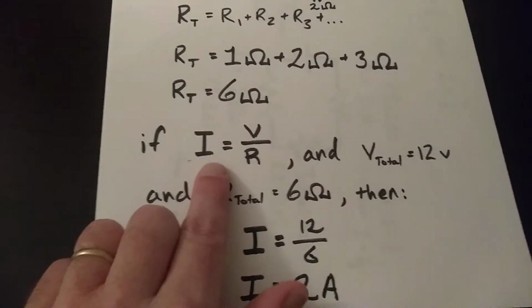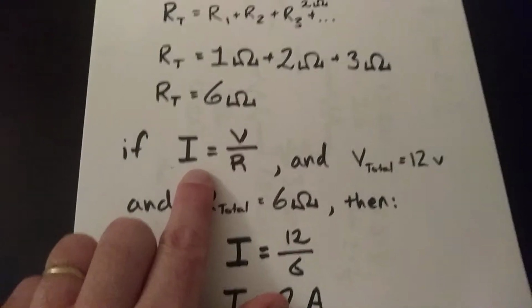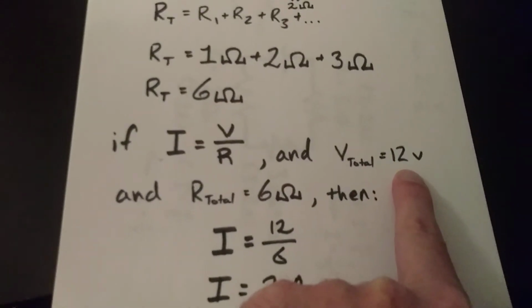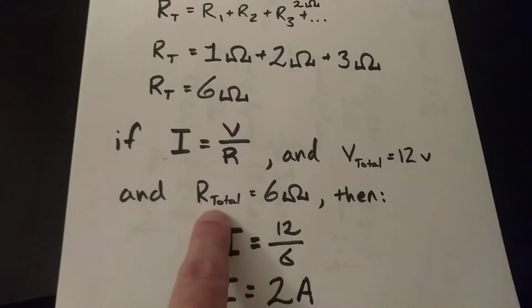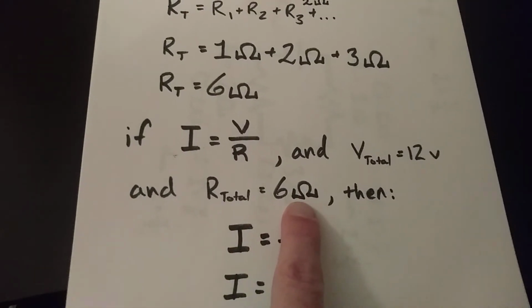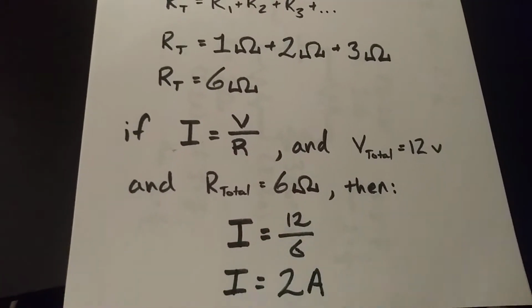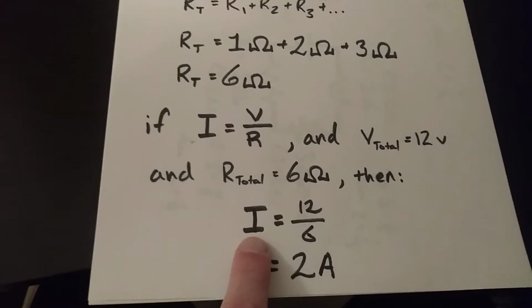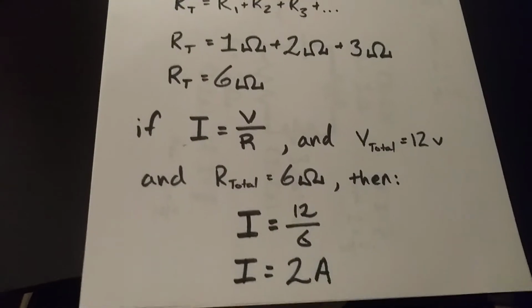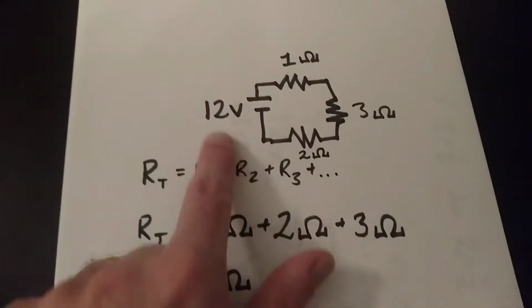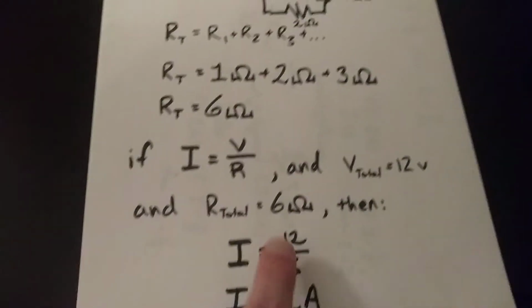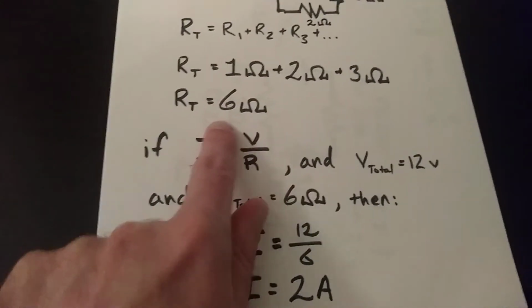So, if Ohm's law says I equals V over R, and the total voltage is 12 volts, and we found that the total resistance is 6 ohms, then we plug that into Ohm's law. The current can be found by taking the total voltage, 12, remember that's what we saw up here, and dividing it by the total resistance that we had just calculated up here.